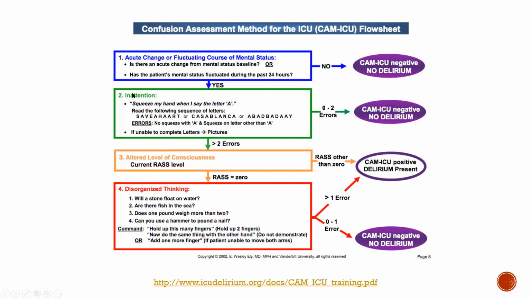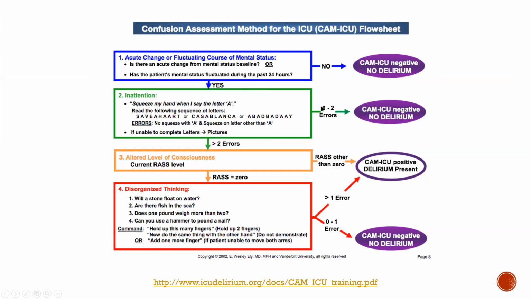So the first thing is whether or not there's some type of change in their fluctuating course or mental status. If you answer no, then you're done there. Their CAM-ICU is negative, there's no delirium. If you answer yes, you move on to box 2 and you try to assess for inattention. There are some different ways you can have them do that, such as asking them to squeeze your hand when you say a specific letter, and you look at how many errors they have.